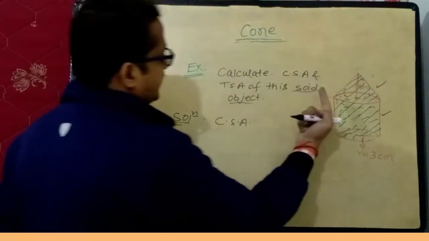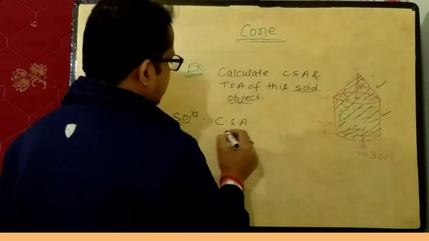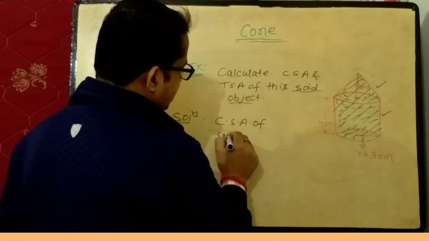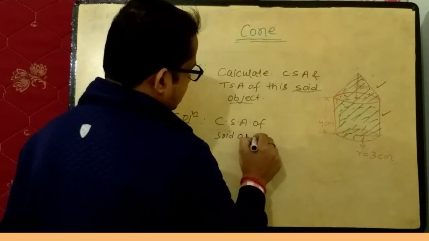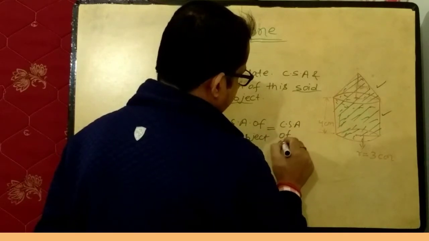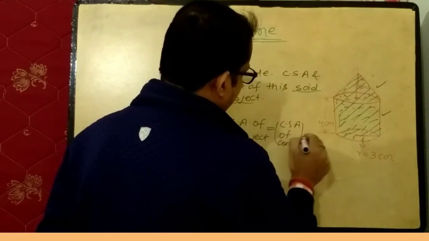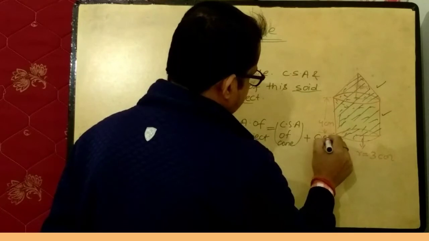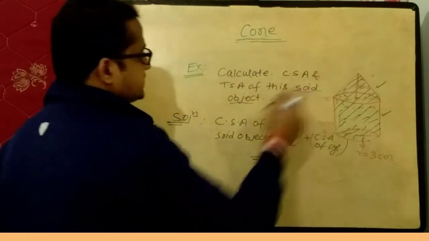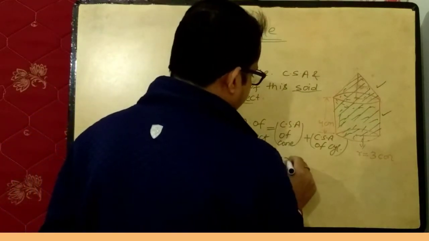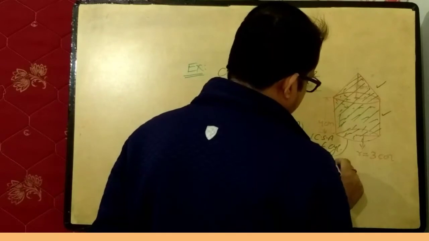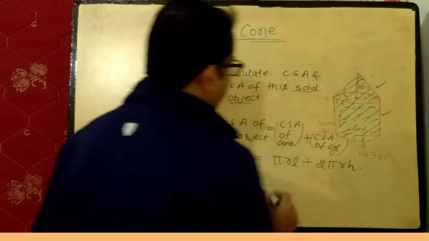Now CSA of the solid object equals CSA of cone plus CSA of cylinder. What is the CSA of cone? Pi r L plus CSA of cylinder, 2 pi r h.